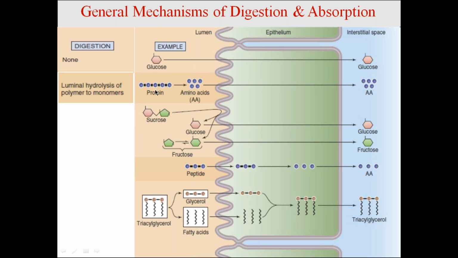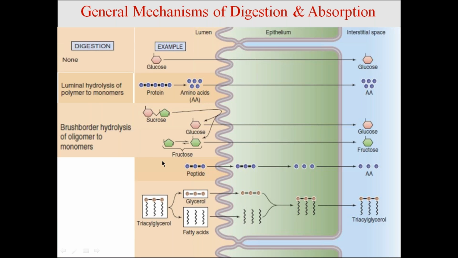Here it is showing you the digestion of proteins which occurs in the GI lumen into monomers, that is amino acids, and then it is absorbed through the small intestine. It goes to the interstitial space, and from here it will again go to the blood.